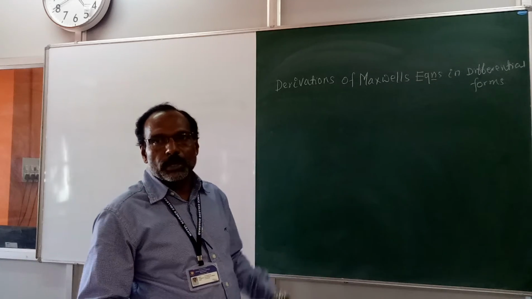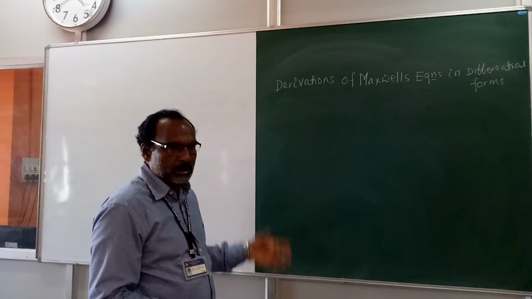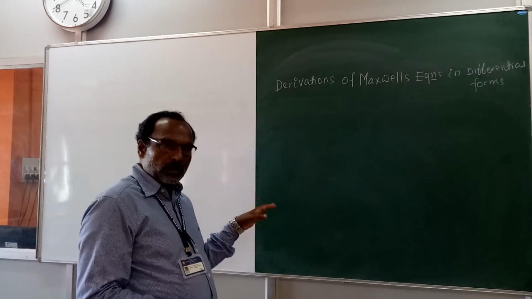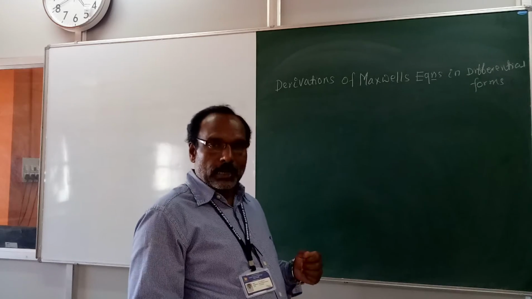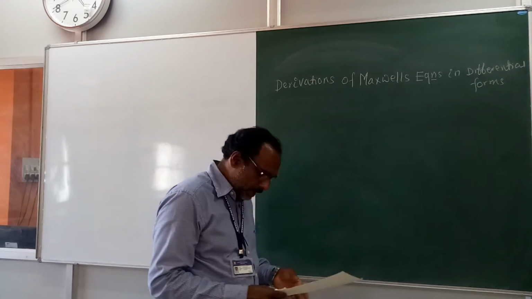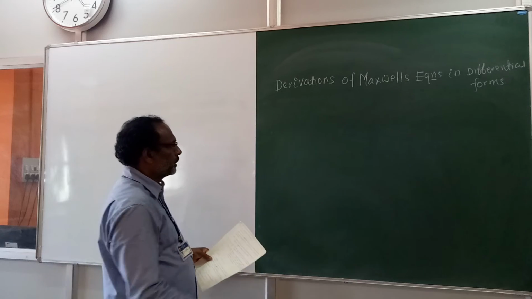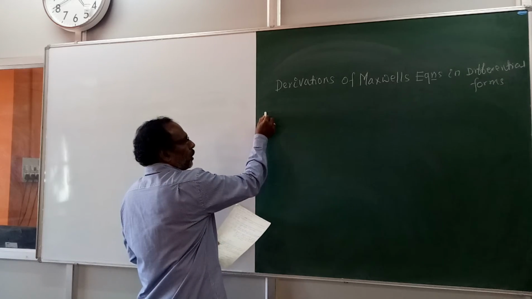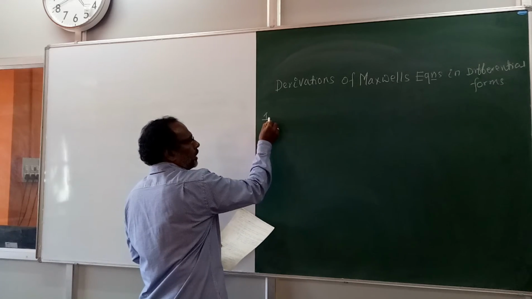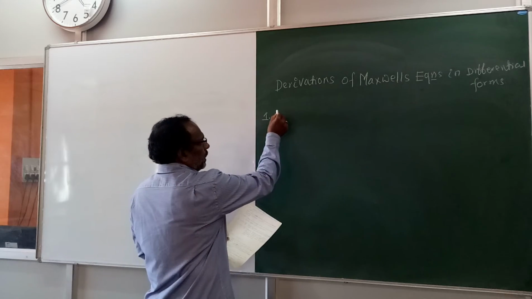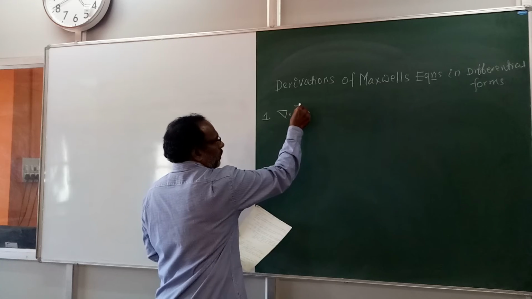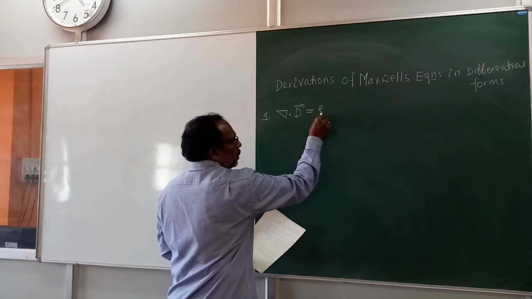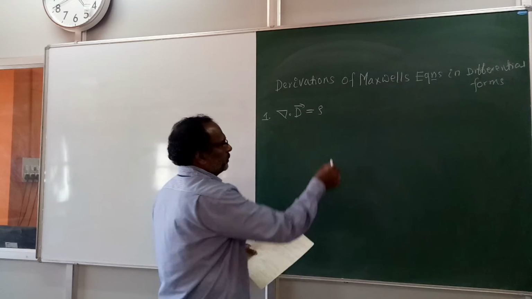We have the different theorems, line integral, surface, volume, curve, and we know what is meant by curl, divergence and gradient of a vector. So let us go for equation number 1, that is del dot D equal to rho.